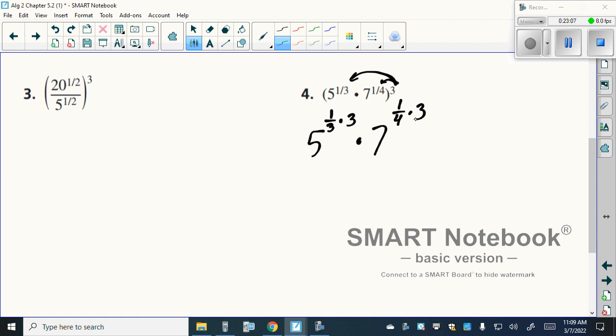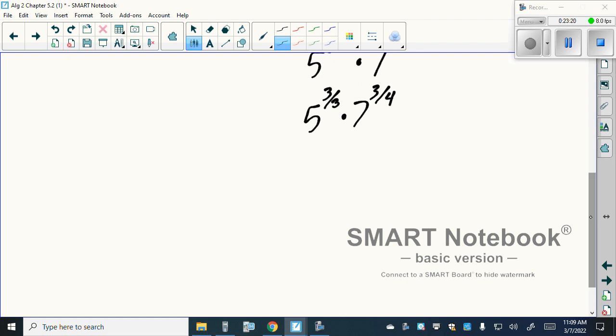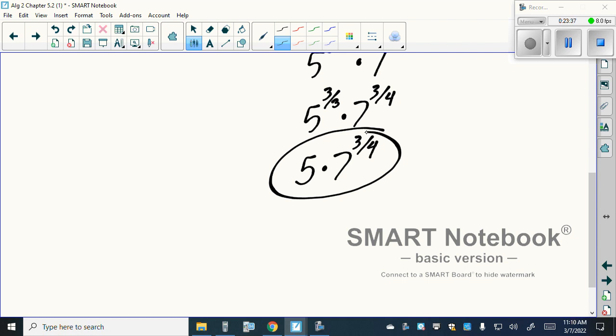Now our first one here, 1/3 times 3 is going to be 3/3, times 7 to the 1/4 times 3, which is 3/4. Well, 3/3 is just 1. 3 divided by 3 is 1, so we will just have 5 to the first, or we can just rewrite it as 5 times 7 to the 3/4, because 3/4 won't simplify any further, and that's as far as we can take it, because we're not asked to rewrite these back in radical form.